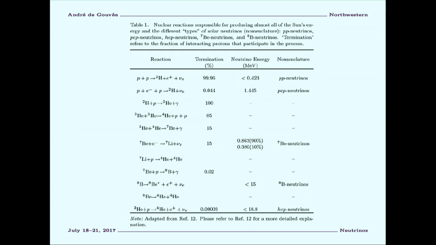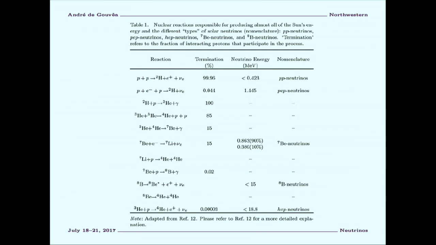Some of the time you have this funny proton-electron-proton initial state going into deuteron plus an electron neutrino. Then higher up the chain, you produce other nuclei like, say, beryllium-7, which electron captures and produces lithium-7 plus an electron neutrino. And then you also produce boron-8.